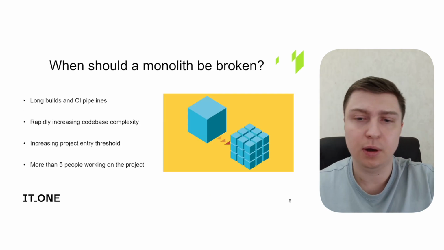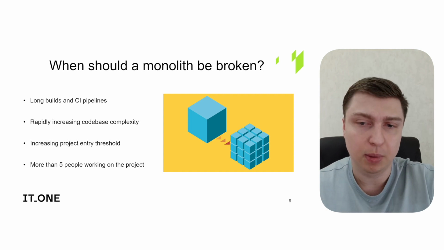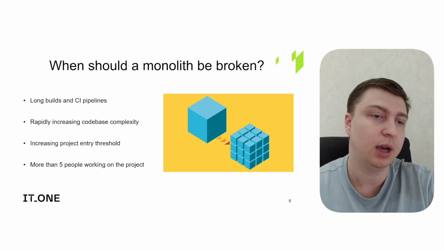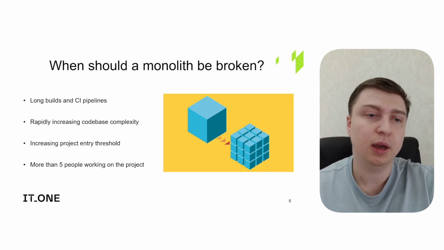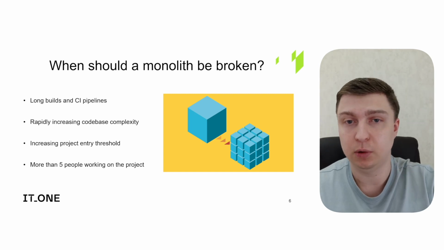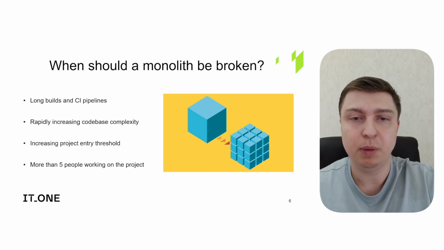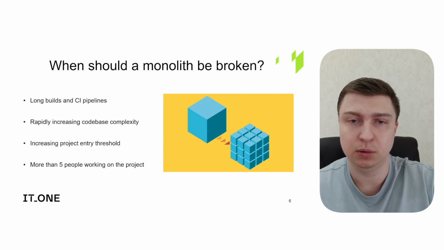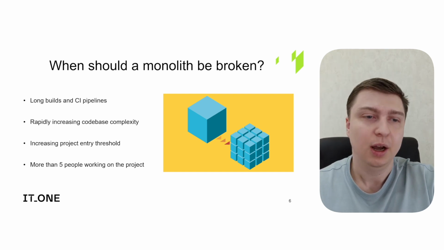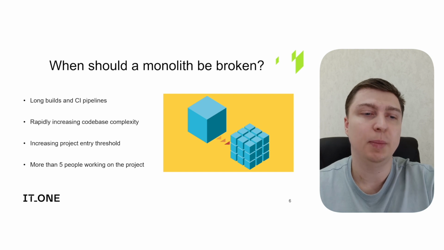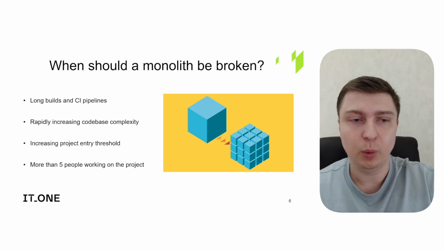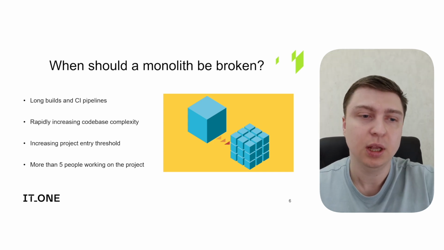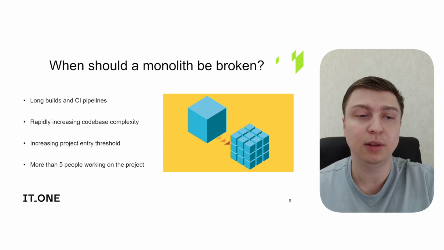To tell the truth, it's a subjective feeling, but it has main triggers, and I recognize for myself four main triggers. First one is long builds and CI pipelines. For example, you have CI pipelines with a duration of several hours, maybe 5 or 6. It's too large. Second point, rapidly increasing code base complexity, and when you increase code base complexity, it also increases the project entry threshold.